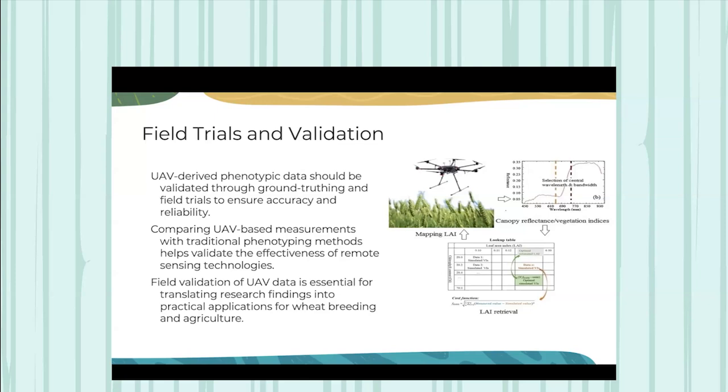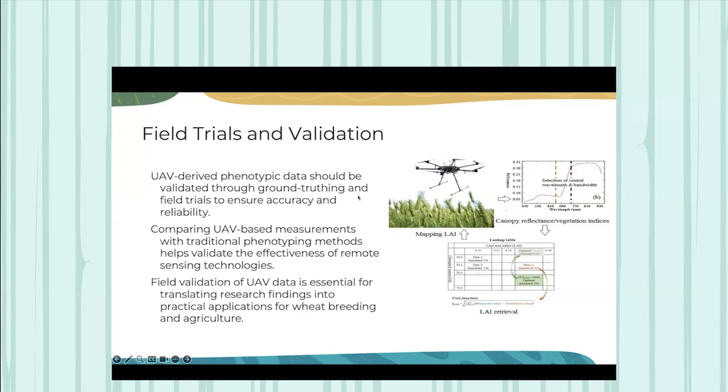Later on we can make a comparison to validate the data we have derived through UAVs. So this is very important in order to validate our results, that we should have some ground truth data.